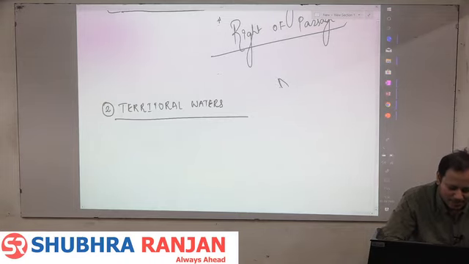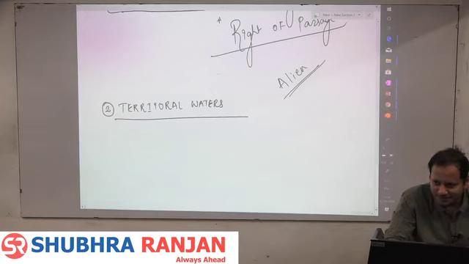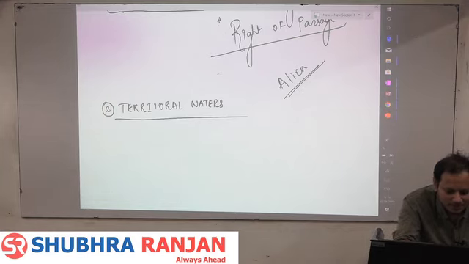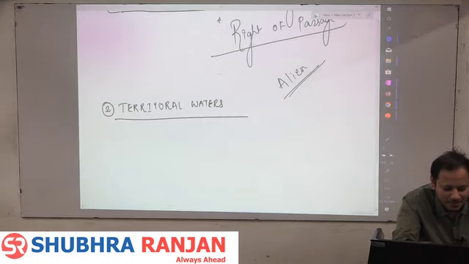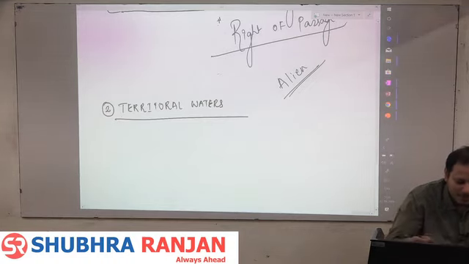Alien vessels or foreign vessels, it is the same thing. Will they be allowed or not allowed? Alien vessels are not allowed to enter, except, see, an extra provision has come, except innocent passage.